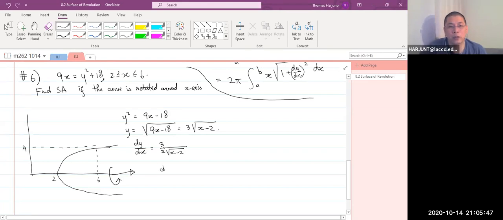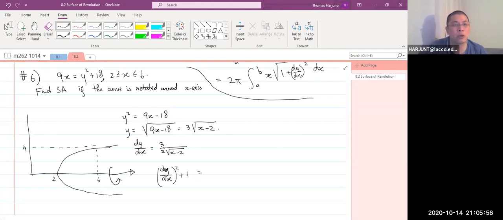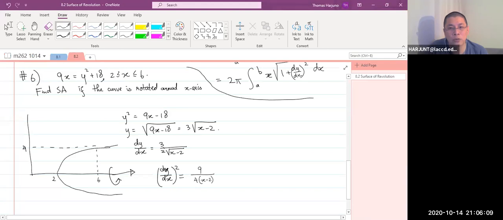When I square it and add 1, you know what, let me square it first. When I square it, I get 9 over 4 times (x minus 2).